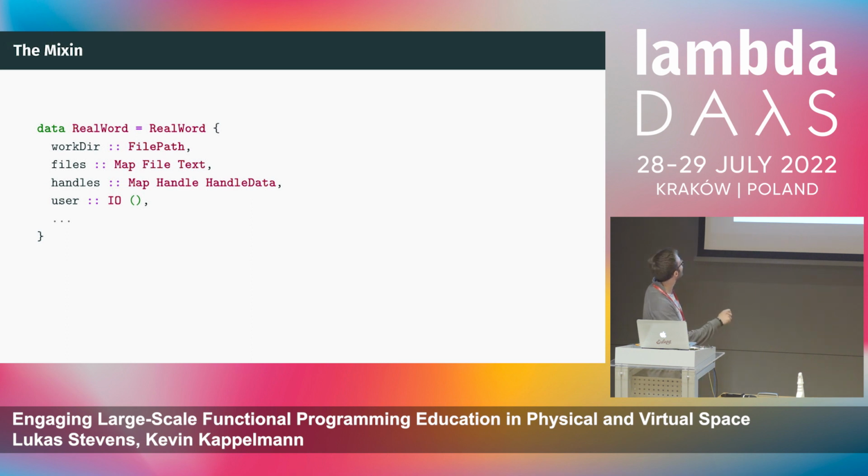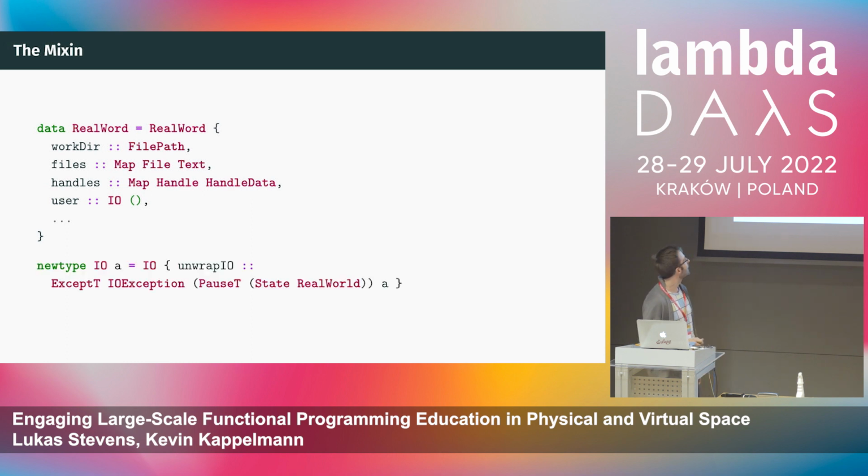And then we have one special thing, and this is the user, and the user is responsible for generating the input for the student code and reading the student code's output, and dealing with that accordingly.